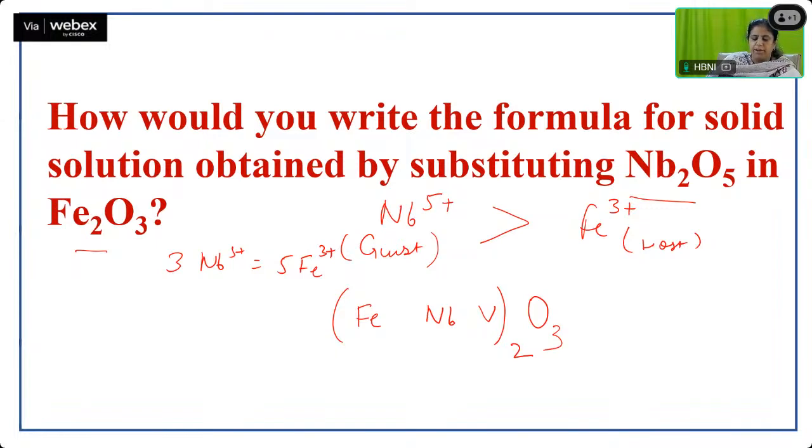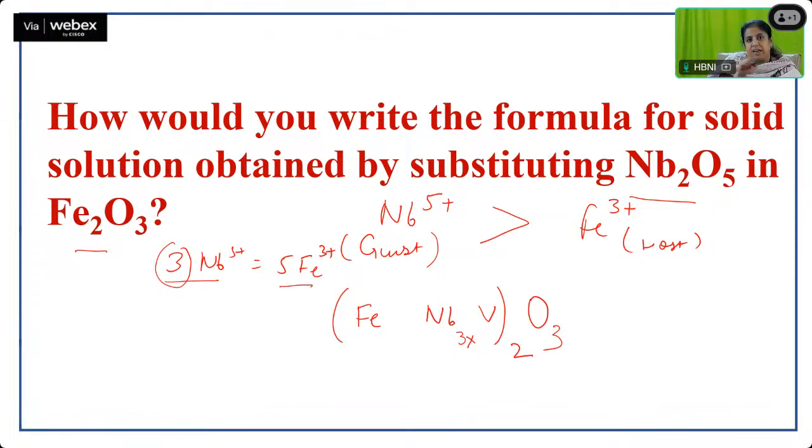Now, earlier it was 1 and 2, so it was easy. Now I have 3 and 5. So let me talk in terms of the number of host stoichiometry that I take, because it becomes easy. I have substituted 3x of Nb. In terms of charge, 3 Nb are equal to 5 iron.